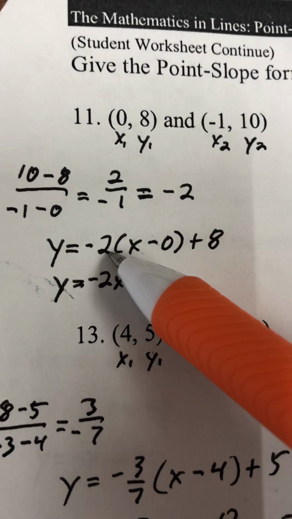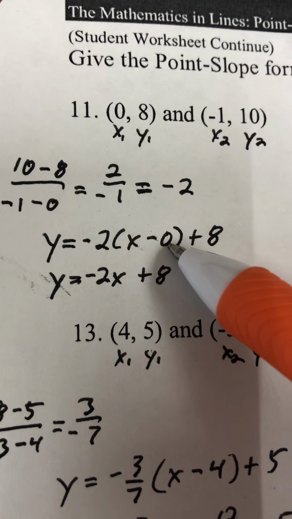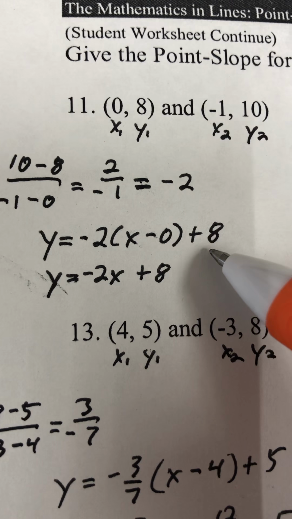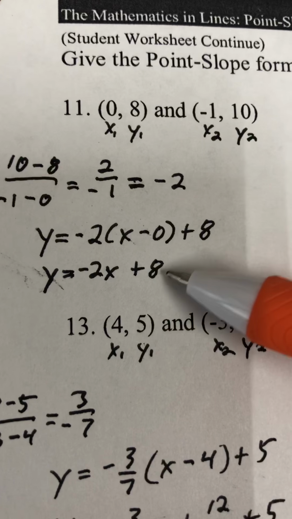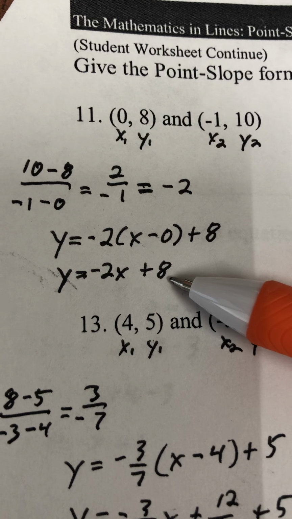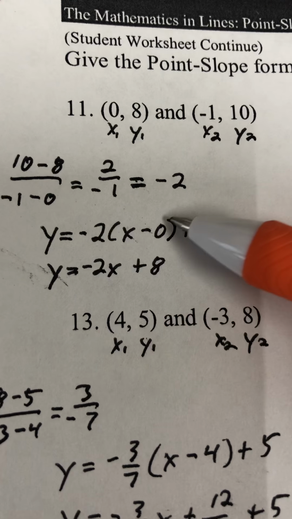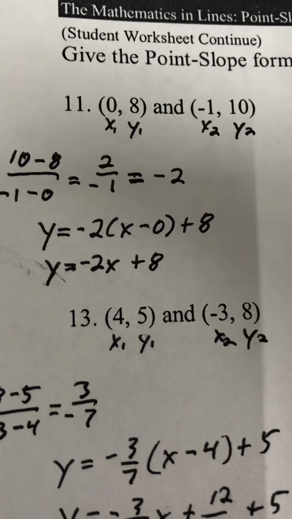So that's my slope. Then I plug in my x1 value and my y1 value right here. Use the distributive property, and I end up with my answer right off the bat. Negative 2 times x is negative 2x. Negative 2 times 0 is 0, and then I just have this plus 8.